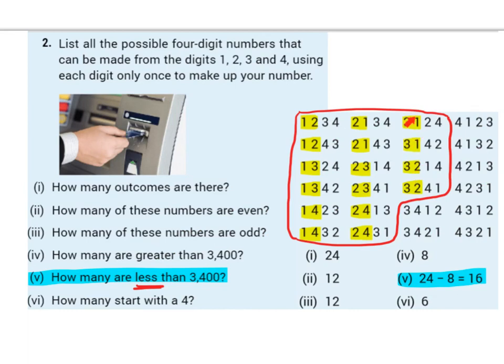So they're 3,100 and something. So that's less than 3,400. And these two start with a 3 and a 2. So they're 3,200 and something. So again, they're less than 3,400. And adding them up, 1, 2, 3, 4, 5, 6, 7, 8, 9, 10, 11, 12, 13, 14, 15, 16. Again, there's 16 that are less than 3,400.